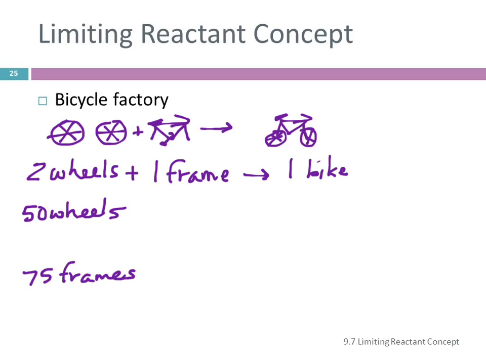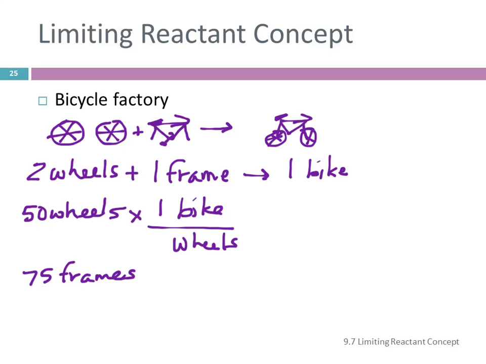And so we did this in our heads, which is great for bicycles, but when I talk about iron sulfide and sulfur dioxide, doing it in your head doesn't work so well, right? So let's look at the process we went through. What we did in our heads was we mentally figured out how many bikes for that many wheels.